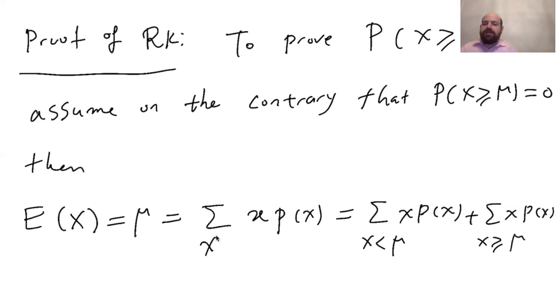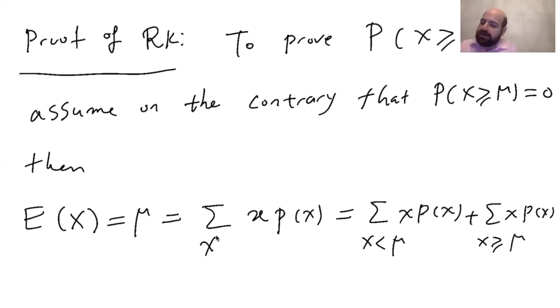Small x here is a possible output of capital X, and it's a real number. Outputs of a random variable are real numbers. Every real number is either less than mu or bigger than or equal to mu. There is no third possibility. So I can break down this sum into these two sums.